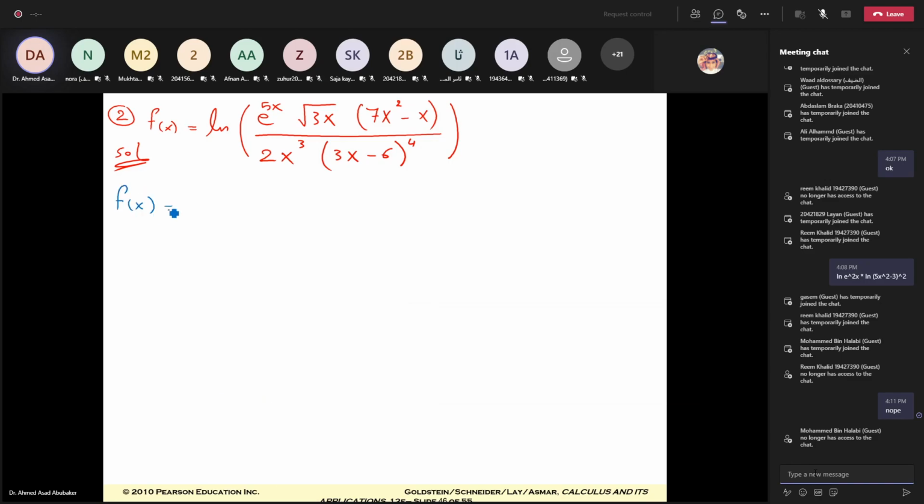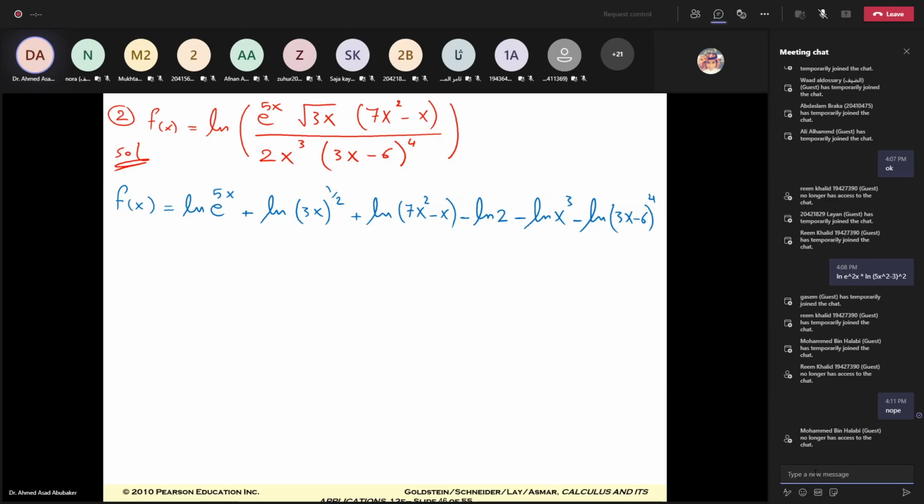Firstly, distribute the ln. So we have ln e to the power 5x minus ln radical 3x, and if we have a radical, put it as a half, plus ln 7x squared minus x, minus ln 2, minus ln x to the power 3, minus ln 3x minus 6 all to the power 4.